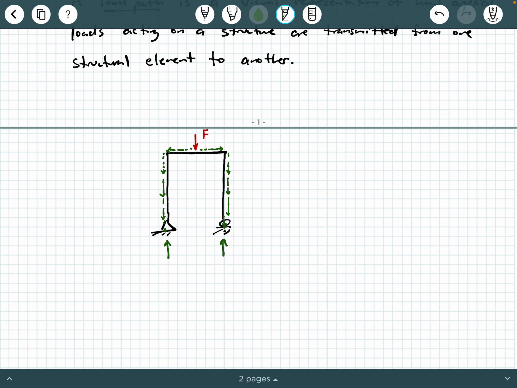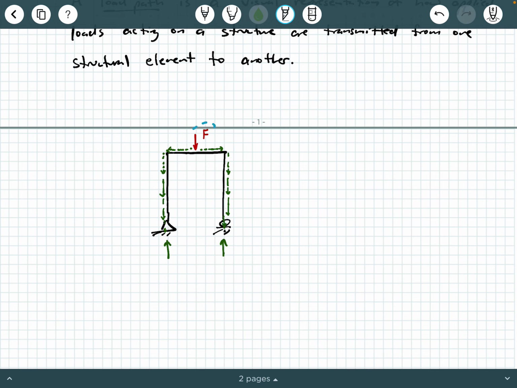And again, a load path is just a conceptual, visual way of how an external load transmits internally through all of the connected structural members. Part of our job as a structural engineer, when we're analyzing and thinking about structures, is to think how we can keep track of an applied load all the way through the system until it gets to its foundation or its support.